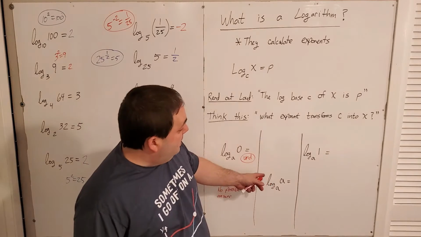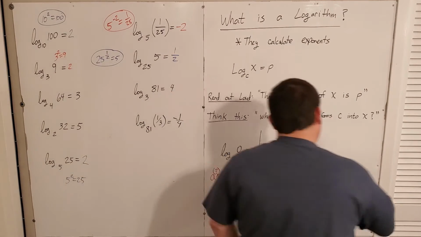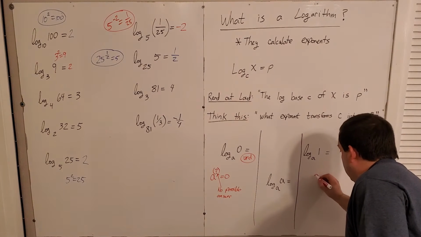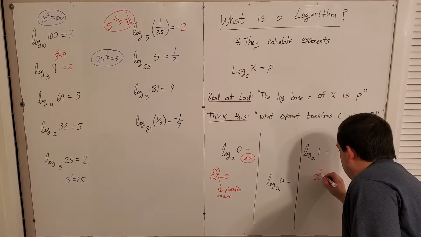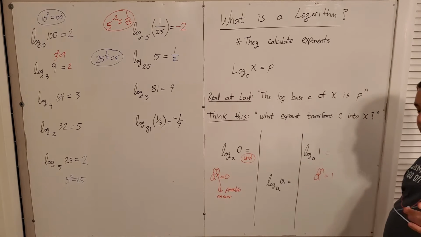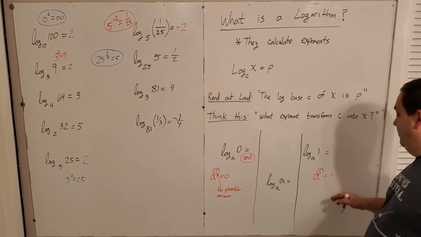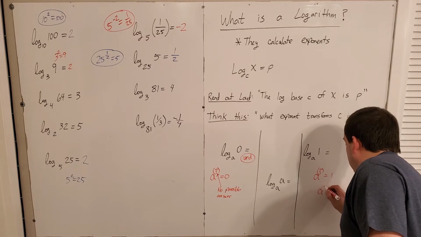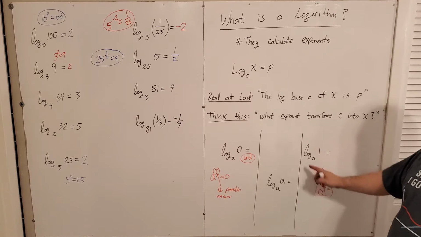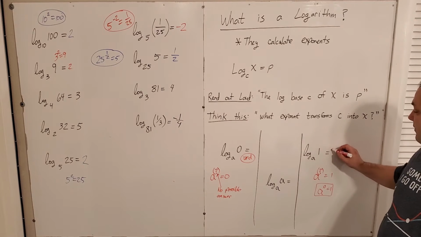Okay? Next, the log base anything of 1. Well, that's asking yourself anything to what power would give me an answer of 1. Well, we have something for that, right? There is an exponent that we put here that will turn anything into a 1, and that's 0. Anything to the 0 power is 1. So the log base anything of 1 would have to be equal to 0.